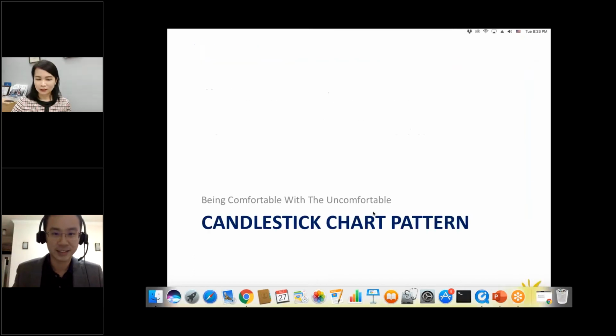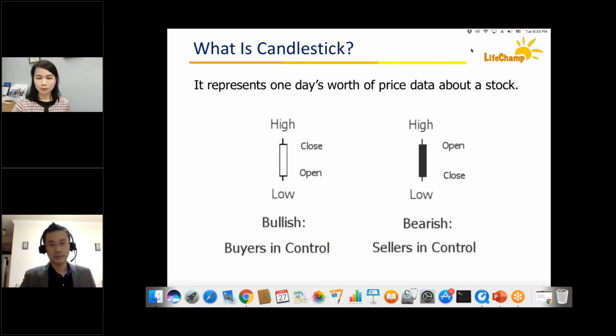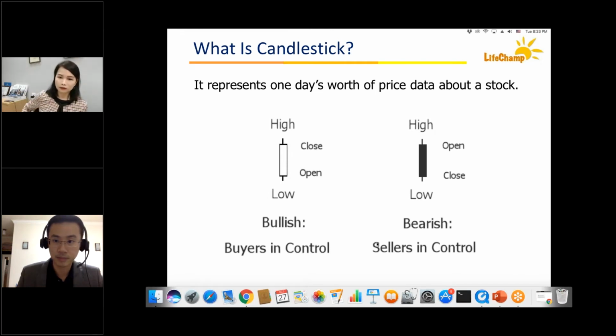Okay, sure. So today we are going to talk about candlestick chart pattern. And before I go into this candlestick chart pattern, let me give you some background, because when we are talking about technical analysis, very often we focus on one. Because in technical analysis, you have so many fields.